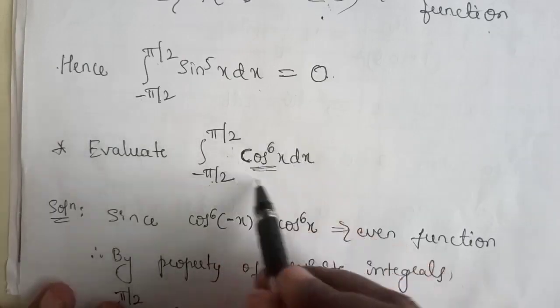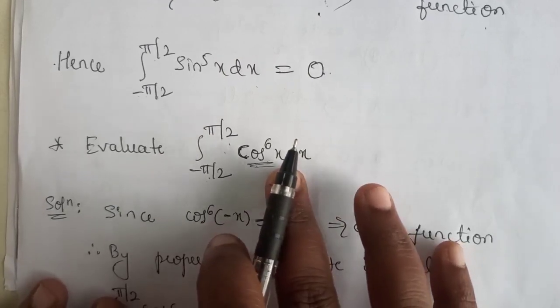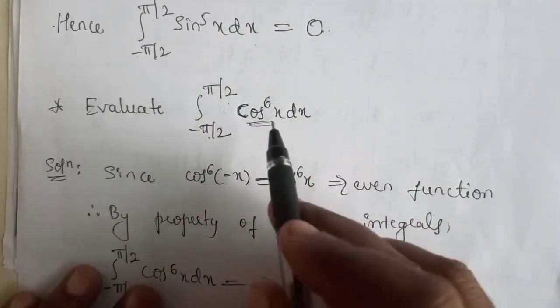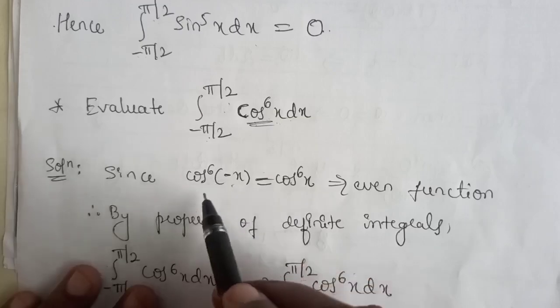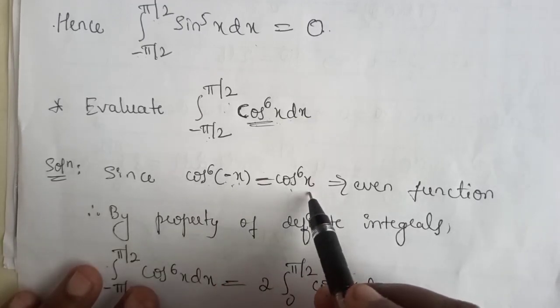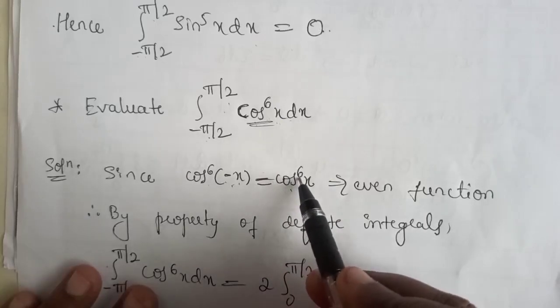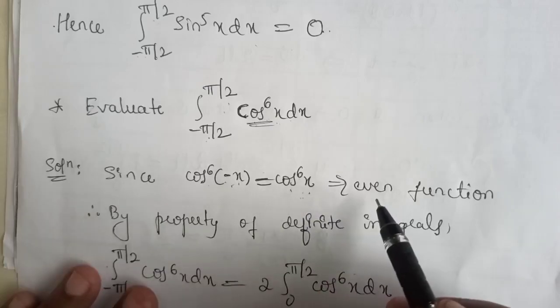So here we check whether cos power 6 x dx is an even function or an odd function. For that we replace x by minus x. We know that cos of minus theta is equal to plus cos theta. Whatever the power, we get the plus sign only, therefore it is an even function.